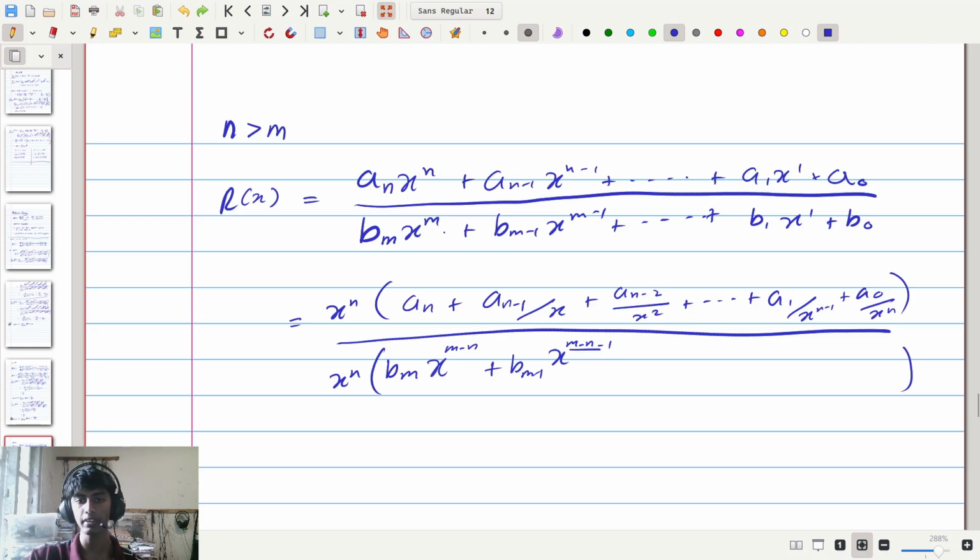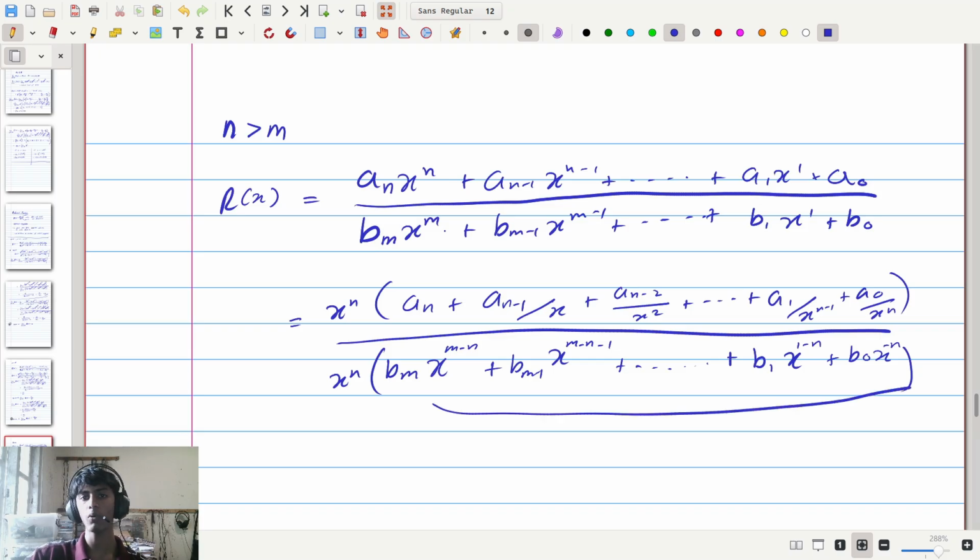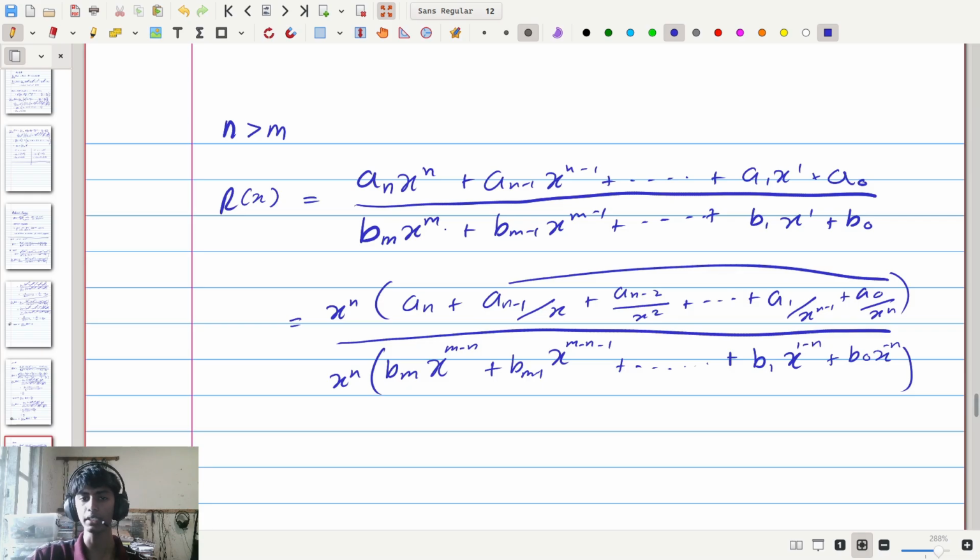Then we have a bunch of terms in the middle, and the last terms are b sub 1 x to the power of 1 minus n, and b sub 0 x to the power of negative n. So all of the powers except for the first thing over here are negative.